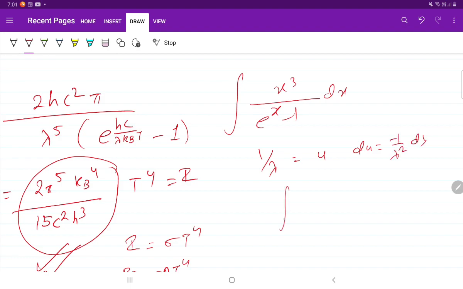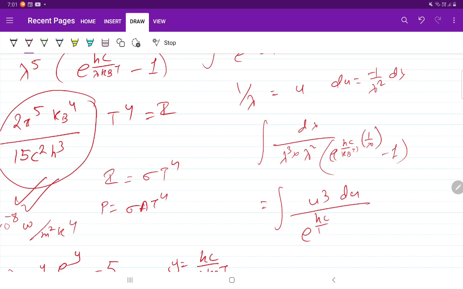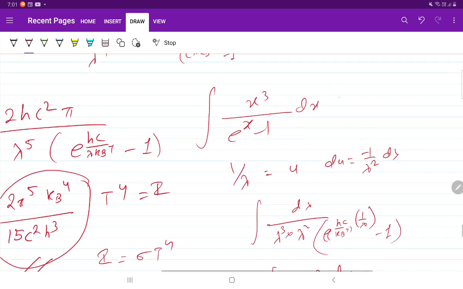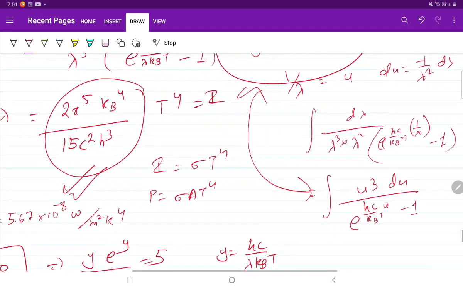Then it's lambda cube into lambda square d lambda into e to the power hc by kbt into 1 by lambda minus 1. Putting 1 by lambda as u, you will get integral u cube du by e to the power hc by kbt into u minus 1. So they may give you this equation because these two equations are almost similar to each other.